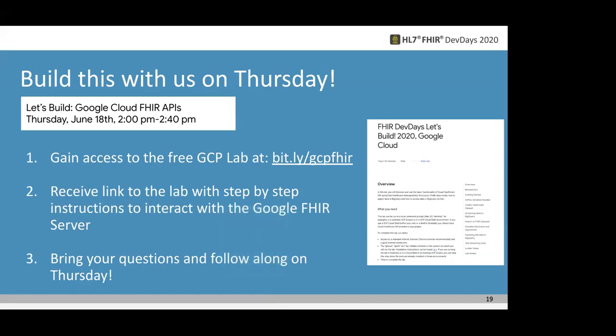We do have one question from Dav, and he's asking about patient matching. How does patient matching happen during translation and also before storing in the FHIR server? Yeah, so this is Marianne. We don't offer a master patient index, but master patient indexes that run on cloud can run on GCP. So if you have one within your own health system that runs on cloud, then you can run that on GCP.